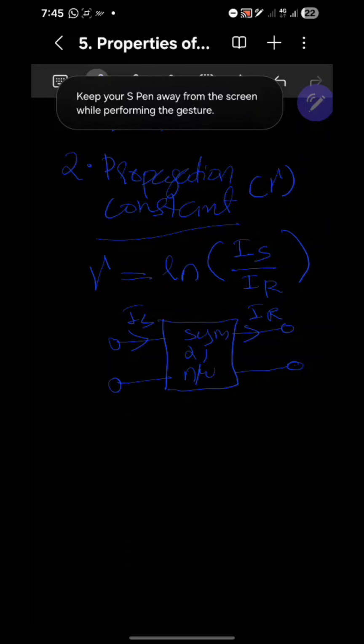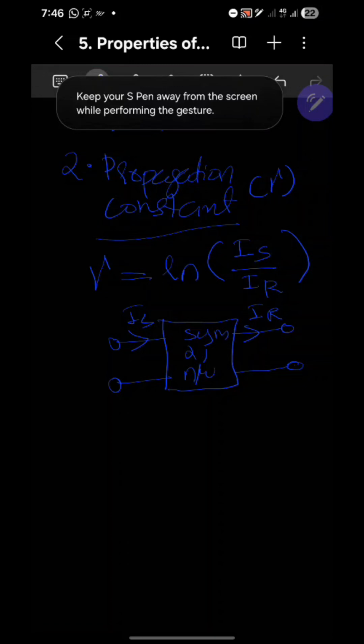Remember that there will be a phase difference between IS and IR. So generally, not only the magnitude will change. We are sending a current IS, and IR may or may not be of different magnitude, and it may also be of different phase.